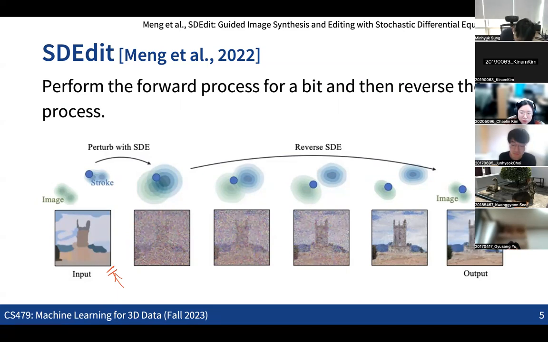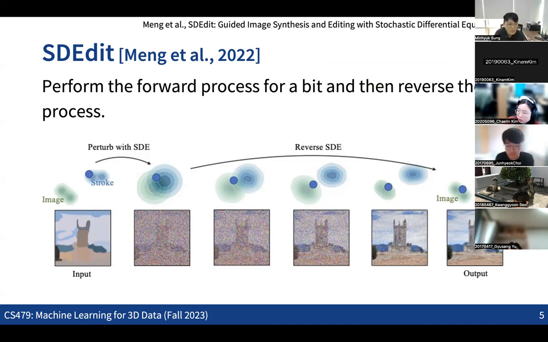If we have time steps from 1 to 1,000, then we can add a small amount of noise until time step 50 or 100, as you want. Then we run back the reverse process for the same number of time steps that we used to add the noise. So that's a very simple and very practical idea.